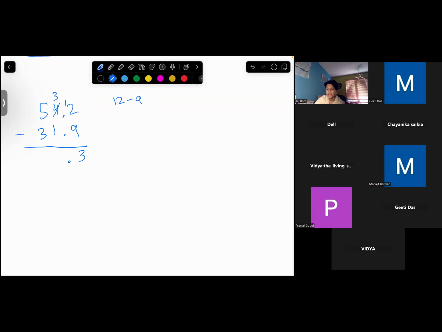And now that you have 3 here instead of 4, it's important that you cross out the 4 and write the 3. And now you do 3 minus 1, and that is 2. But because you didn't need to borrow from the 5, it can just stay the same, and it would be 2 here as well. So the answer would be 22.3.